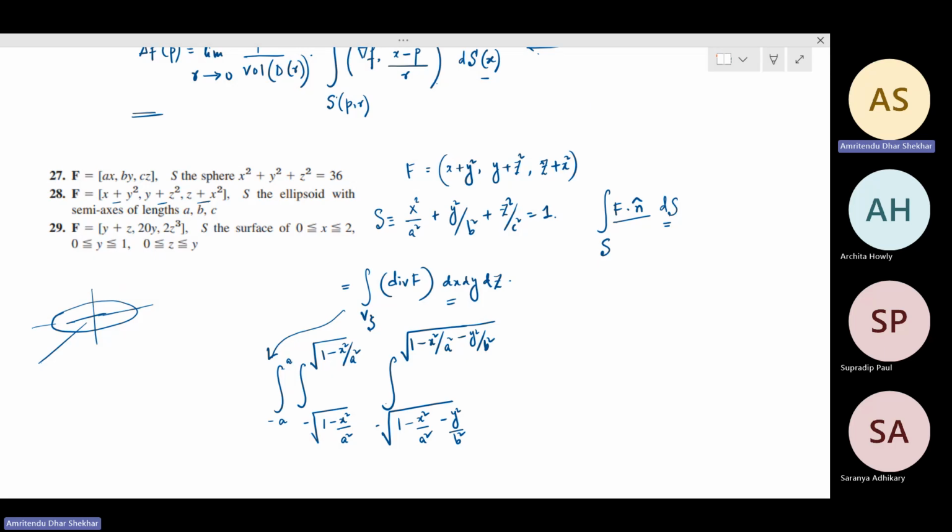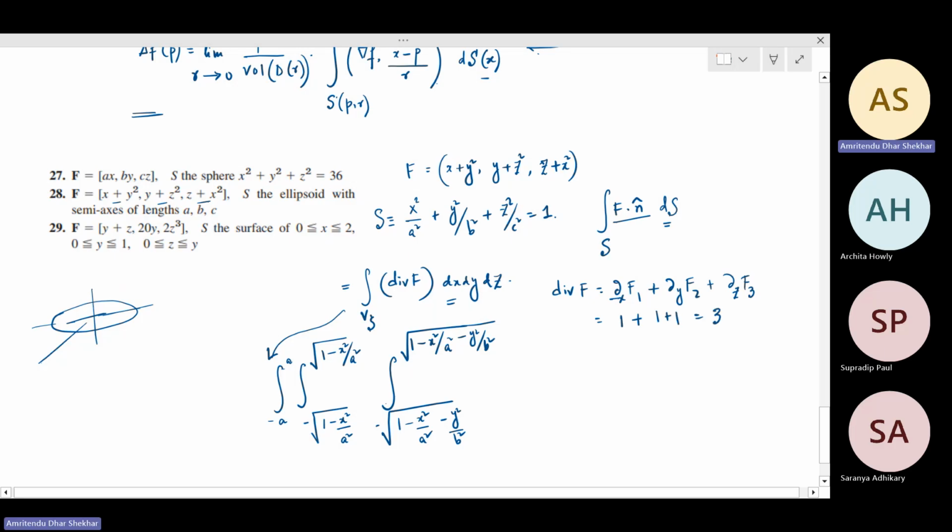The divergence of F is equal to del x of f1 plus del y of f2 plus del z of f3, which is 1 plus del y of f2 is also 1, and this is 1.